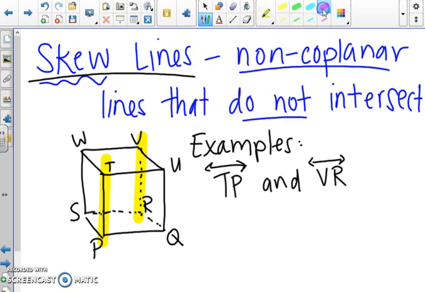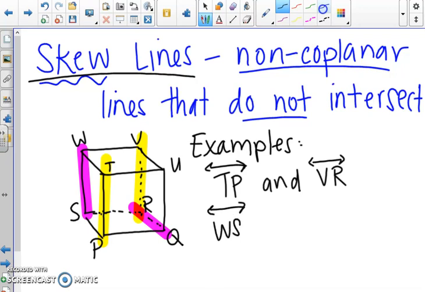Let's find a different pair. You could also say maybe WS and RQ, because even though they don't look parallel, they don't have to really look parallel. They just have to be non-coplanar, so they're on different planes and they cannot intersect.